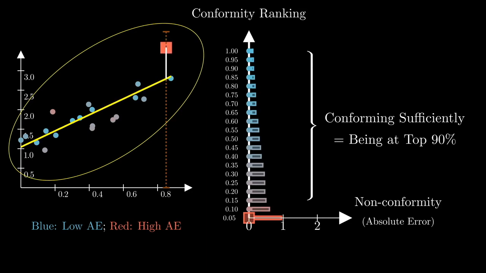Note how the square moves up in the ladder as it gets closer to the fitted model in the left plot, and moves down as it gets away from the model. The plausible values that put the square at the top 90% of the ladder are collected into our prediction set for the test point, the square.